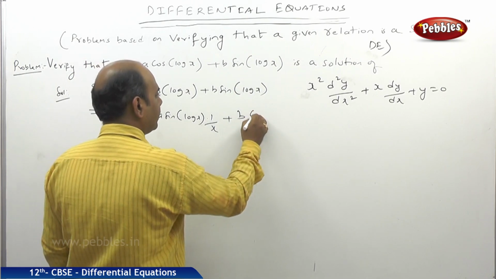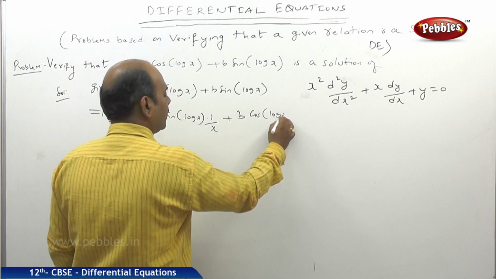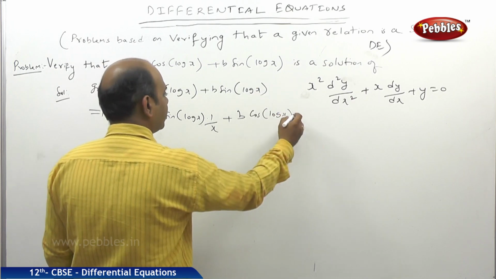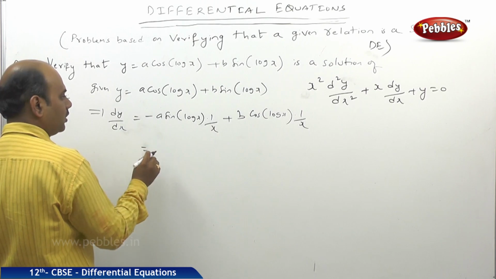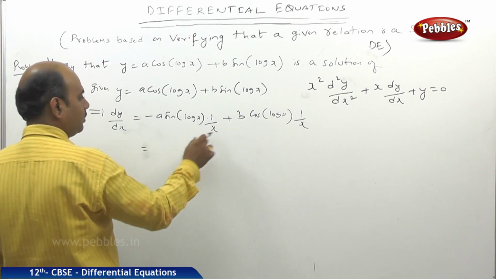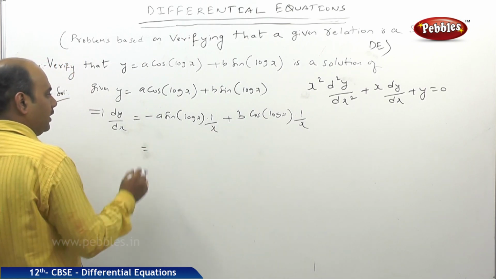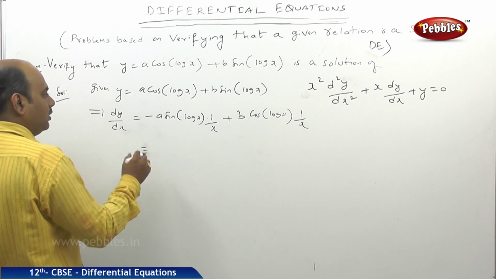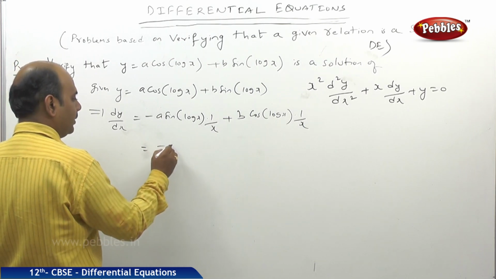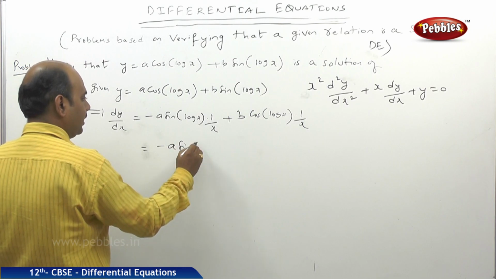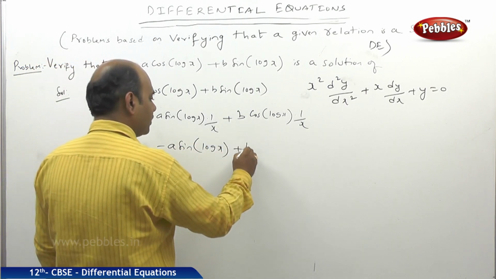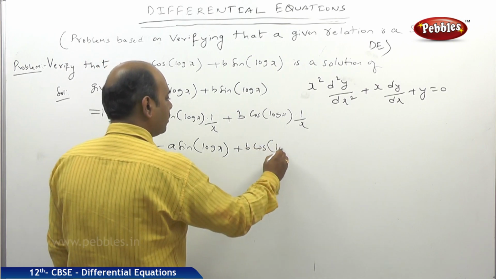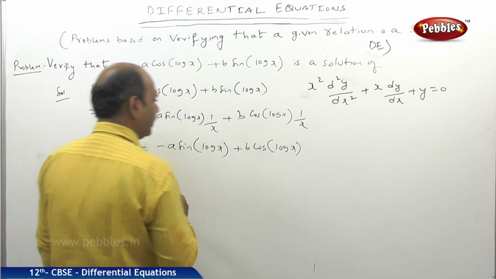What is the derivative of sin x? Cos of log x, and the derivative of log x is again 1 by x. So finally what we got, I think x will be the LCM. So we will be getting minus a sin of log x plus b cos of log x, whole divided by x.